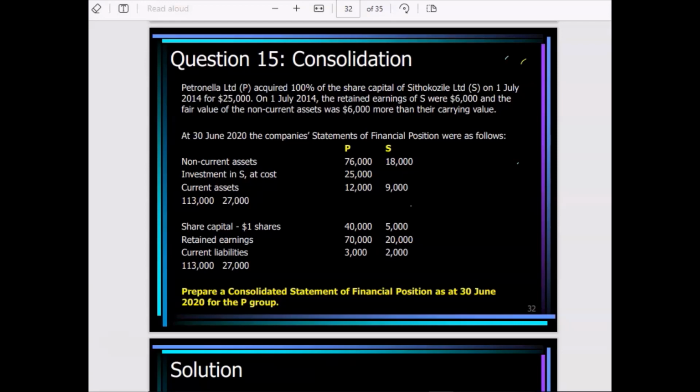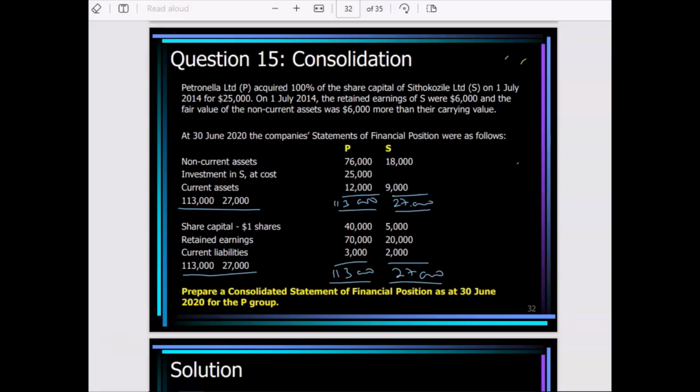Okay, remember these ones should be totals for each of these SFPs. That's 113,027,000. This should also be the same here, 113,027,000.